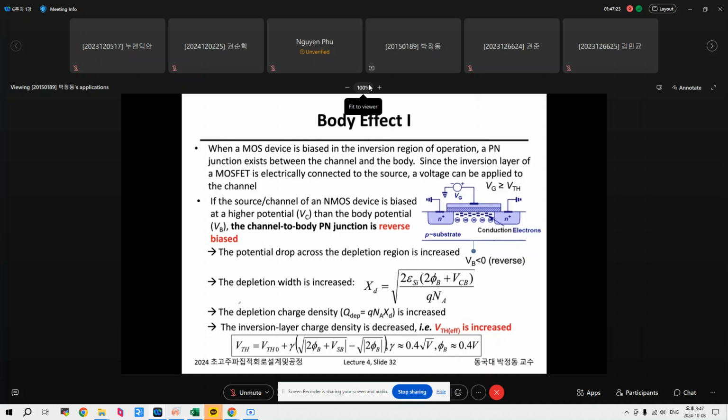Now let's talk about body effect. Body effect is something like this. If you apply reverse bias to the P substrate, which means that this has to be negative, right?